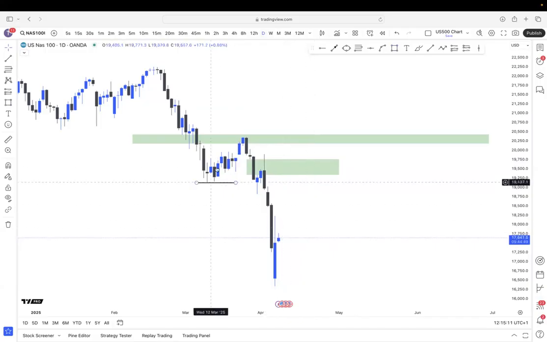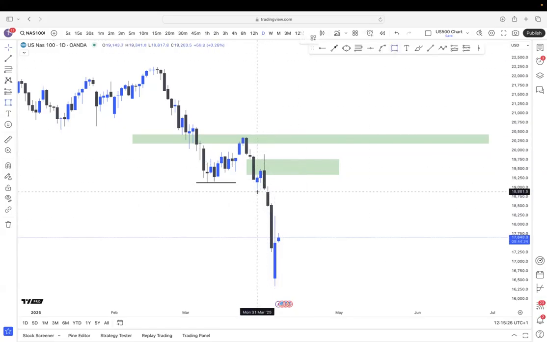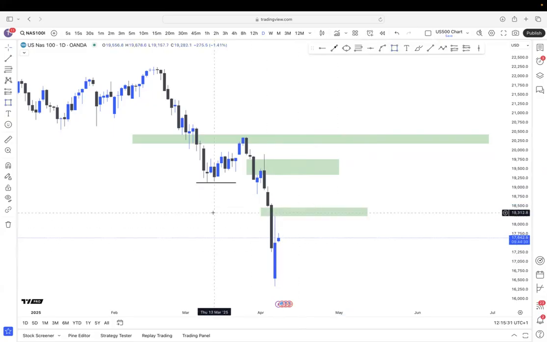So this is a live market, the NASDAQ, with Oanda's price action. And what I'm now looking at is basically for this to continue moving lower. And I'm looking at a potential reaction out of this area of inefficient price action.